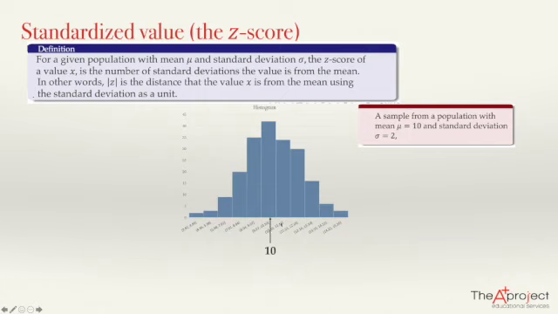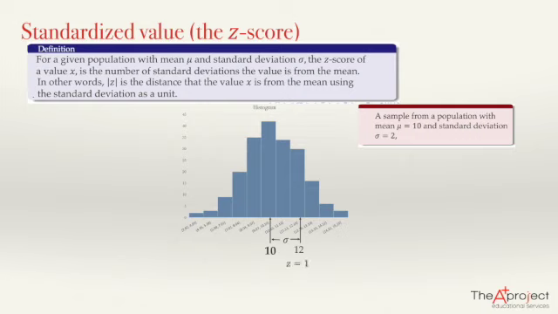So if we have a value, let's say 12, this 12 is 2 units from 10. But notice that this sigma is 2. So we say that there is 1 unit. If we use sigma as a unit, this 12 is 1 unit from 10. So we say that the z-score of this 12 is 1, because there is only 1 sigma. So I'm going to type here that the z-score equal 1.